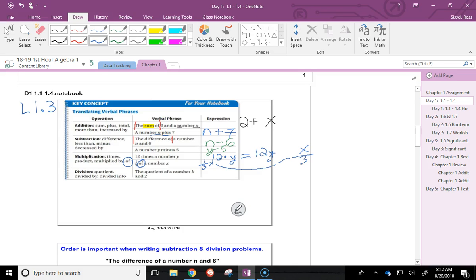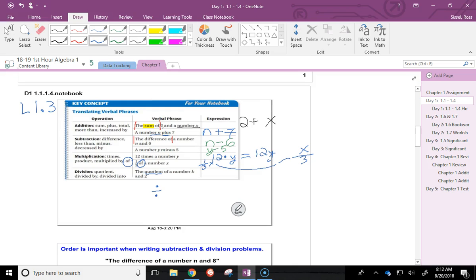And the last one, division: quotient, divided by, divided into. I always have to slow down when I do these so I do them right, because this is like subtraction. There's the quotient, so I know I'm doing division, so I'm going to write my division sign here. I like using the division sign the first time before I write it as a fraction.